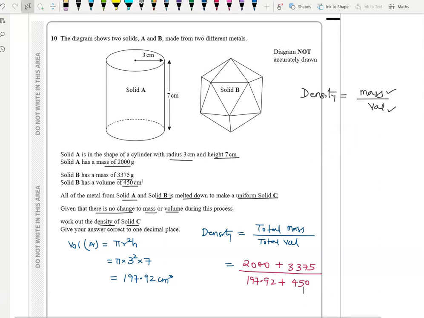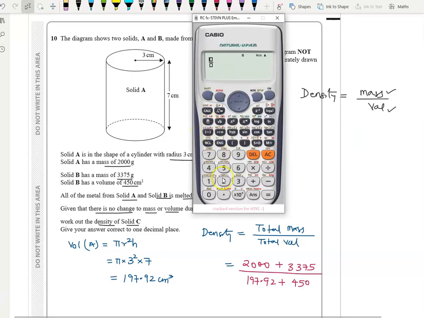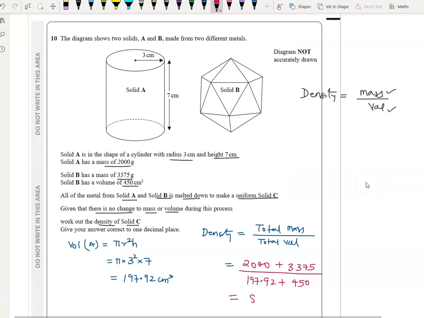So it is 2000 plus 3375 over the denominator 197.92 plus 450. That gives me 8.295.